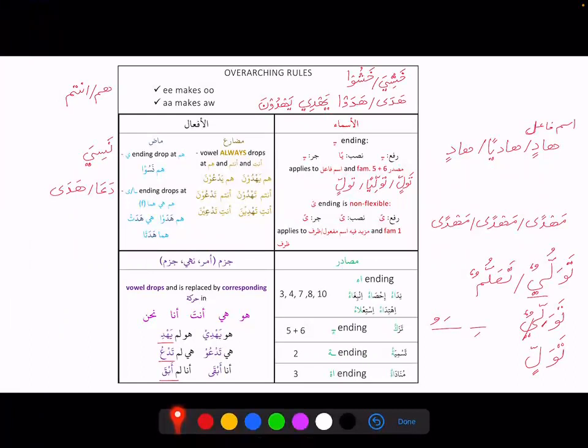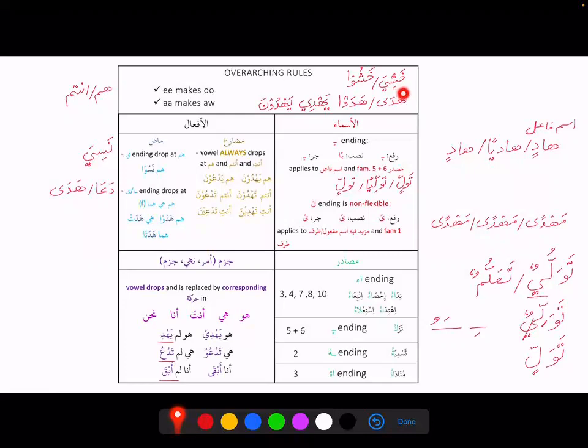Okay, so what are some rules, or the shortcut, we can see? It says that when we have an E sound, like we have in khashiya, or we can look at it as the middle root letter having kasra.